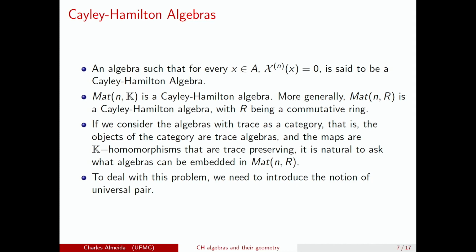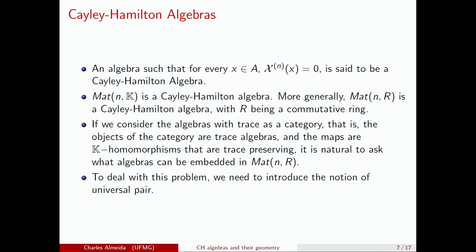So now, if we consider all the possible Cayley-Hamilton algebras, or all the possible trace algebras, as a category, where the objects are the trace algebras and the morphisms are morphisms that preserve my traces, it's natural to ask what algebras can I embed inside the algebra of matrices?